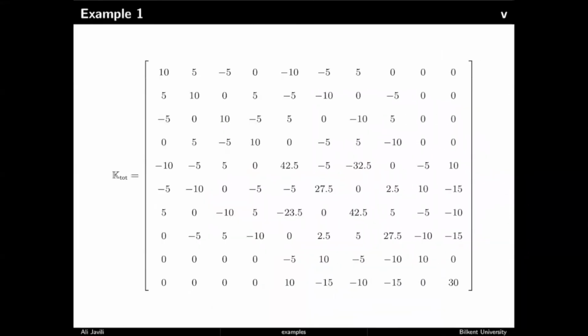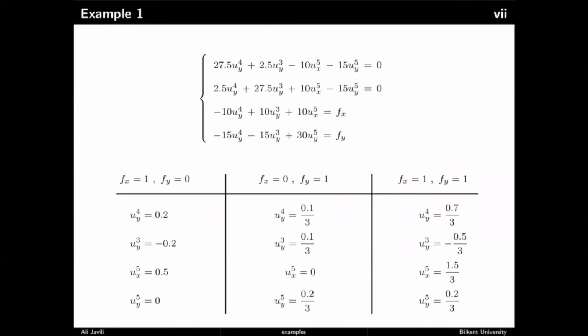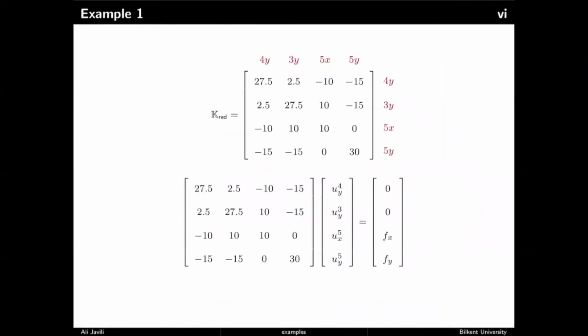That means you would have zero here. For node 5, in x and y directions, you would have fx and fy. All right, so this is basically your system.